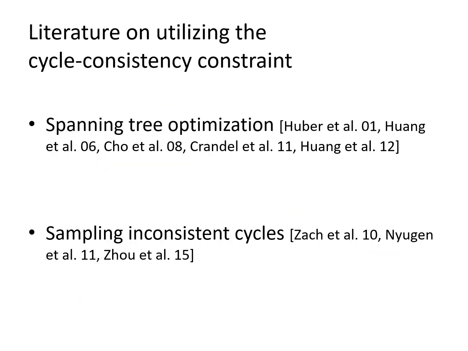The second category of methods applies global optimization. That is the advantage. But on the other hand, the formulation is still limited. The key idea is that we sample inconsistent cycles in the graph. Then we remove a subset of edges so that all the inconsistent cycles contain at least one edge that is removed.